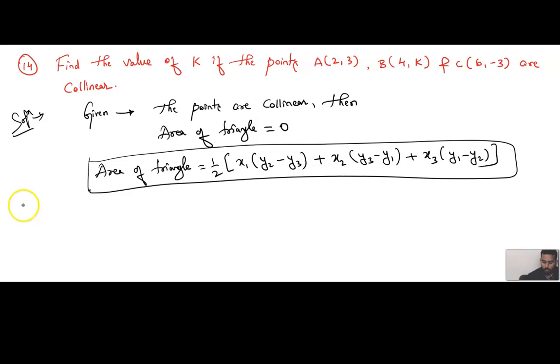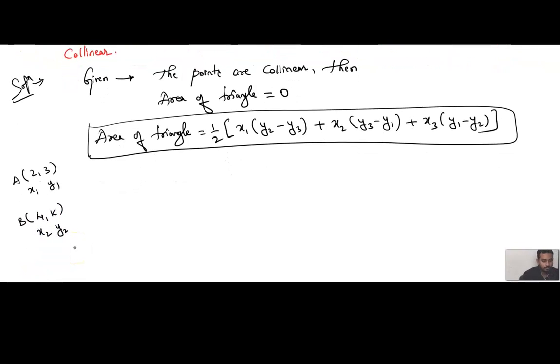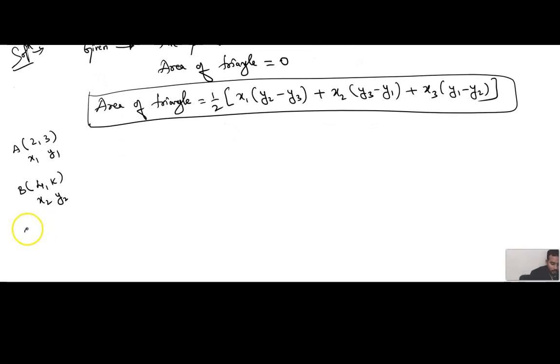Good. Now what are the points they have given? A(2, 3), so this is x1, this is y1. Next, B(4, k), that is x2 and y2. And C is (6, -3), so this is x3 and this is y3.